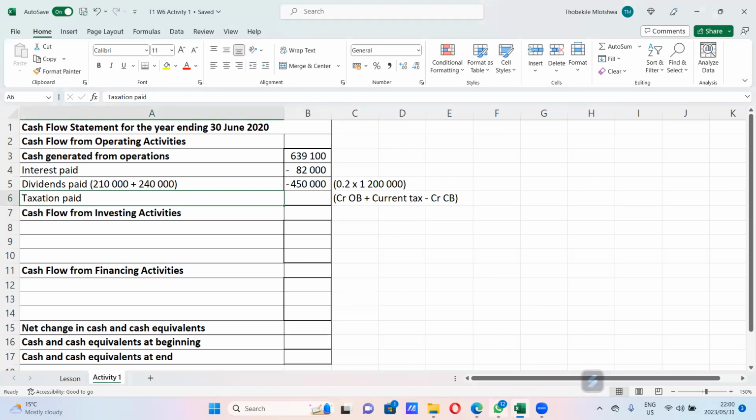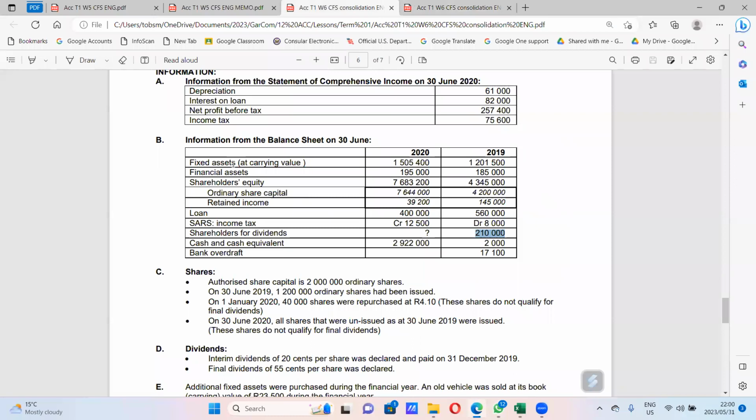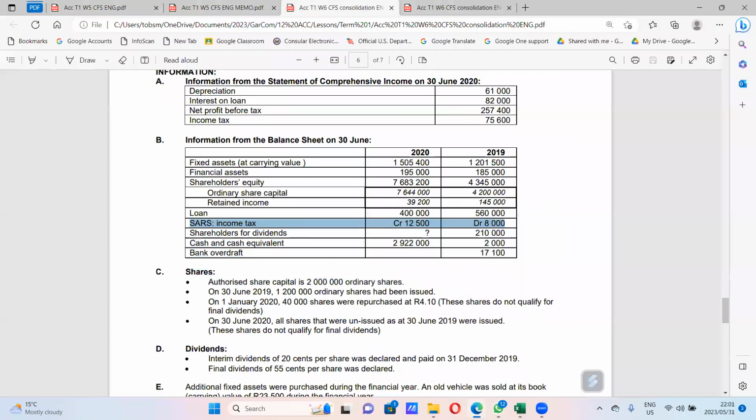The opening balance, let's go back to this one. This is SARS income tax. The opening balance is a debit. It would have been plus 8,000 if it was a credit, but since it's a debit, it's going to be minus 8,000. And then plus the current. The current you always find on a separate note, here. Current income tax. Sometimes you might need to calculate it, but at least here it is calculated for us. 75,600.